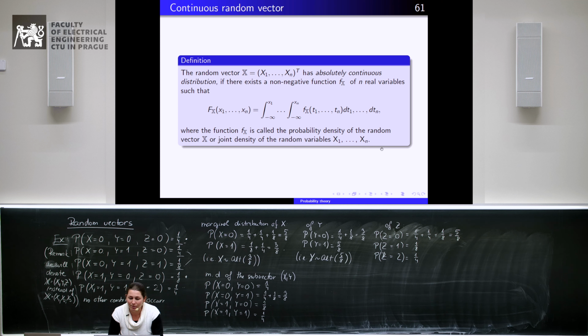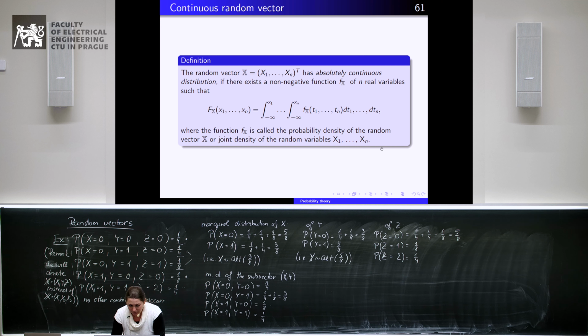But you must imagine this situation as the density being given by continuous function of n variables, n-dimensional function. And again, the probability that the first item lies between A and B, the second item lies between C and D, and so on, is described by the integral, n-dimensional integral from A to B, from C to D, from this density. Yeah, so the way of calculation with the density is the same.